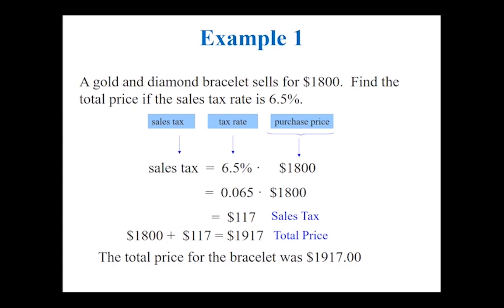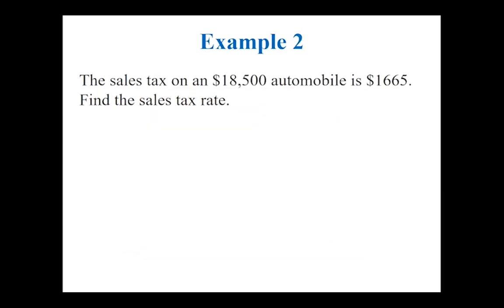Okay, so maybe a bracelet that costs nearly $2,000 isn't something you can relate to. That's a splurge purchase. What if you need to buy a car? This time, the information is given to us in a little bit different of a way.